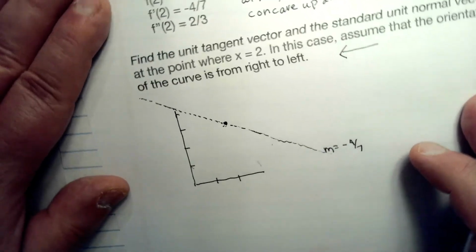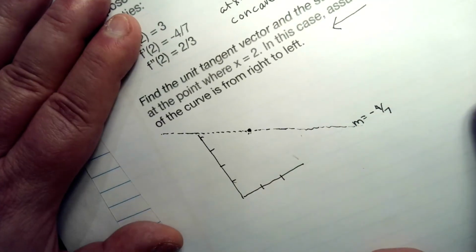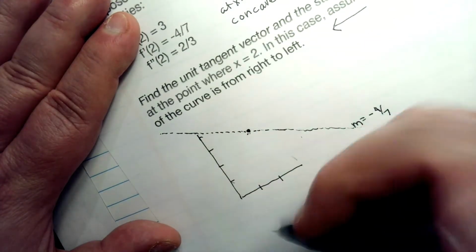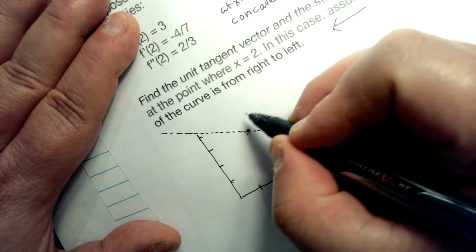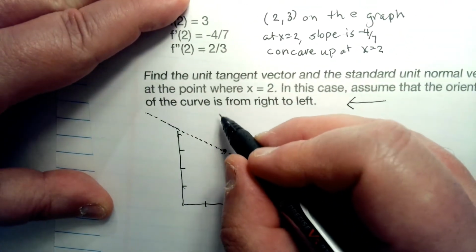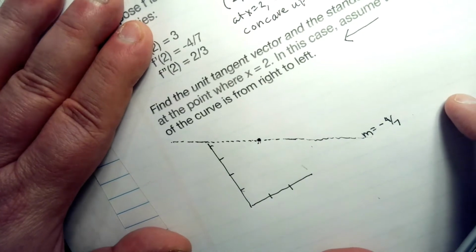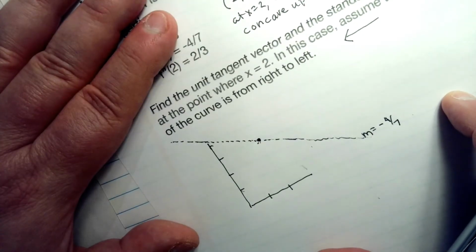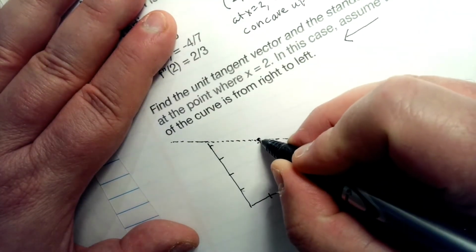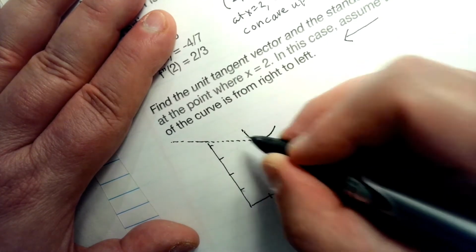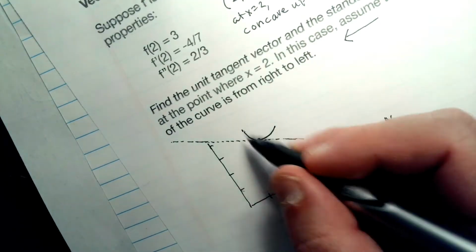So if I turn the graph around so that the tangent line is horizontal, I know that it's concave up, so the graph is going to look kind of like this. Let me turn that back around. What I'm going to do is turn the graph so that the tangent line is horizontal, and draw something like that, so that I'm drawing a minimum, right?